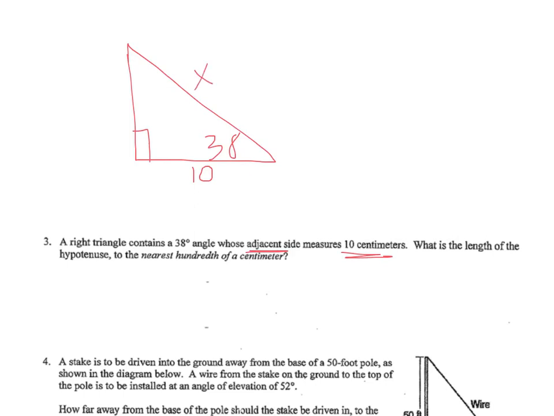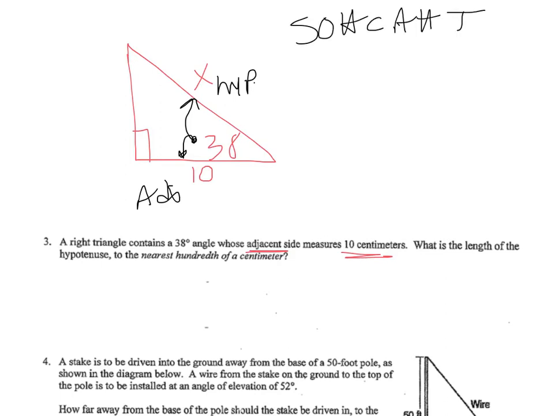In this case, I'm going to be standing at the 38. The x is definitely the hypotenuse, and the 10 is definitely my adjacent. So out of the three trig functions, SOHCAHTOA, I'm probably not going to use sine because it's opposite over hypotenuse.